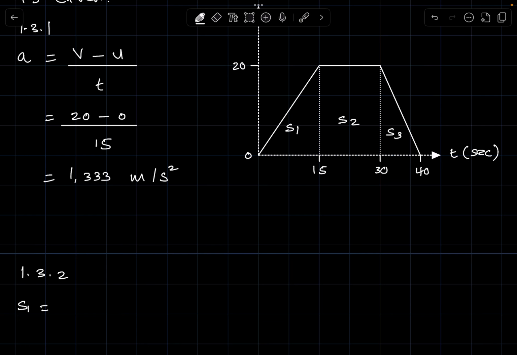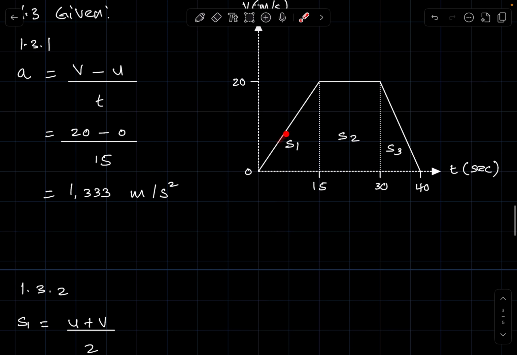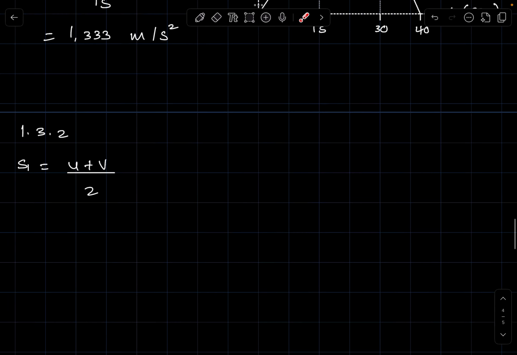So in that straight line, the initial velocity plus the final velocity divided by 2 constitutes the average velocity, because in this straight line we are only considering the initial velocity and the final velocity.